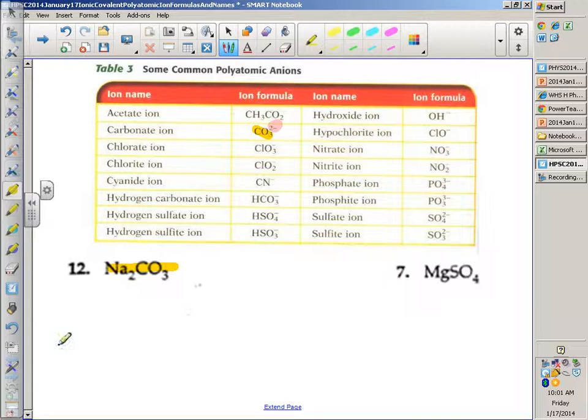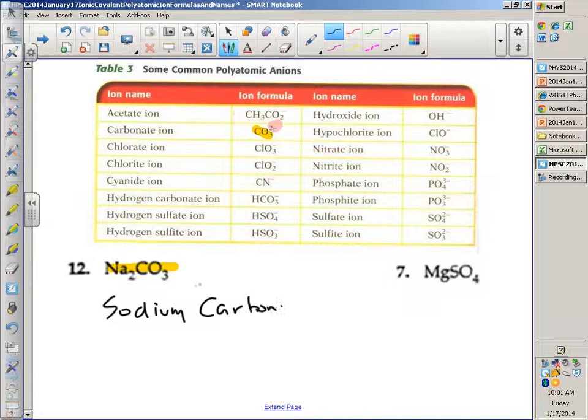That being said, the name of an ionic compound is just the name of the cation and the name of the anion. So the name of this is sodium carbonate. You do not change the ending of the name on the polyatomic ion. It's carbonate here, it's carbonate here.